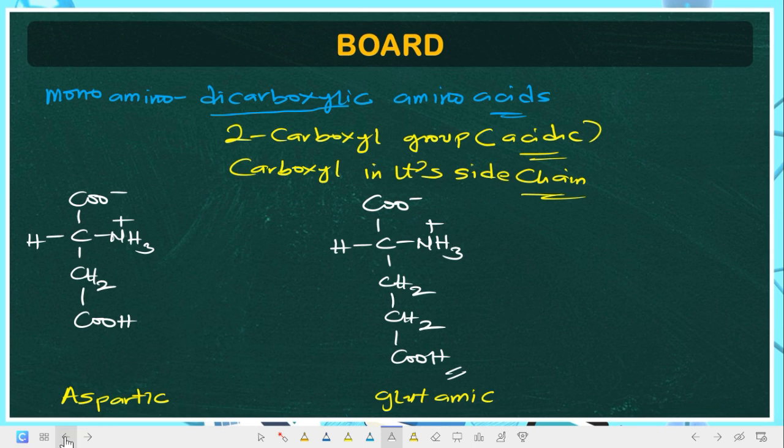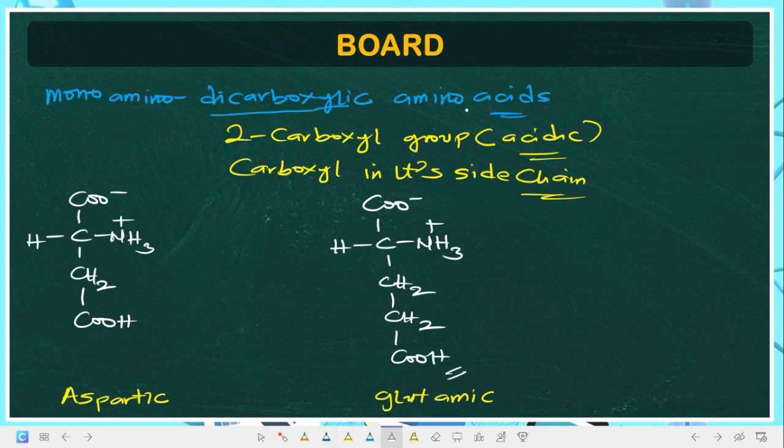So let us go to the next classification. We've talked about monoamino dicarboxylic. Now, what do you think can be the other form? It will be diamino or dibasic amino acid.